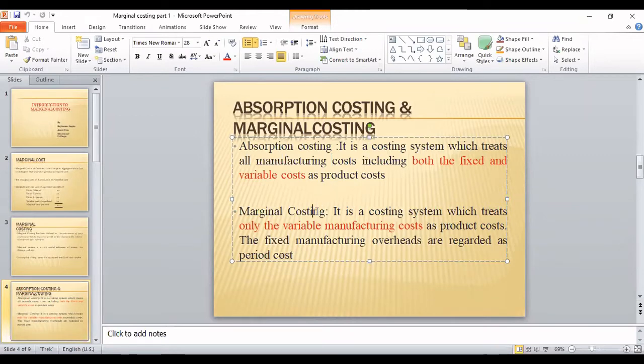But in marginal costing, we treat only variable manufacturing cost as product cost, and the fixed cost is regarded as period cost. Any doubt or confusion till here? No, sir. Okay, fine. Then the next part.